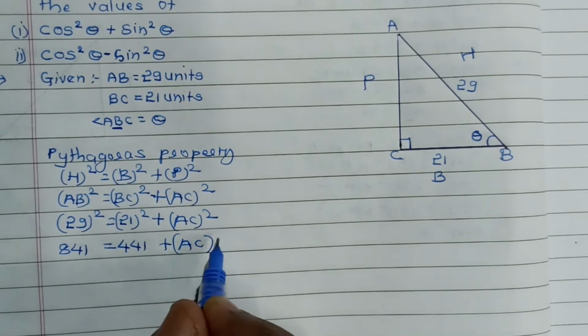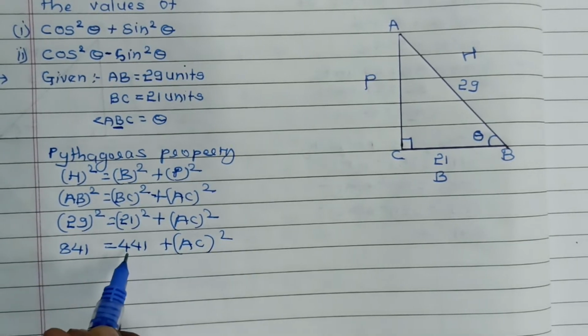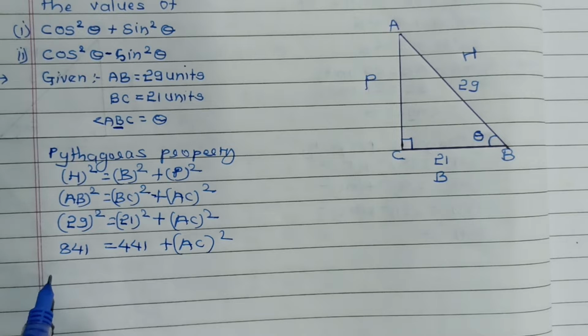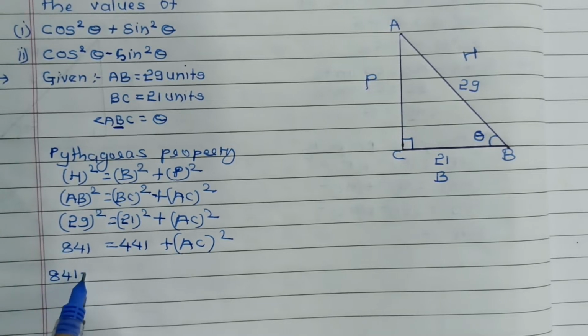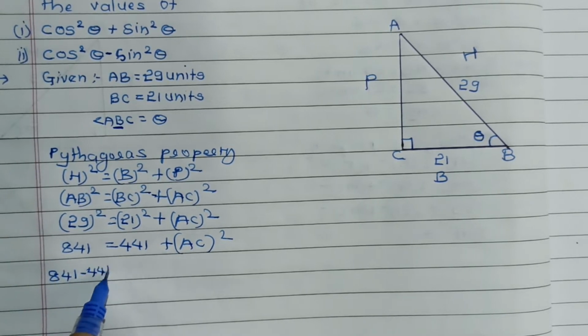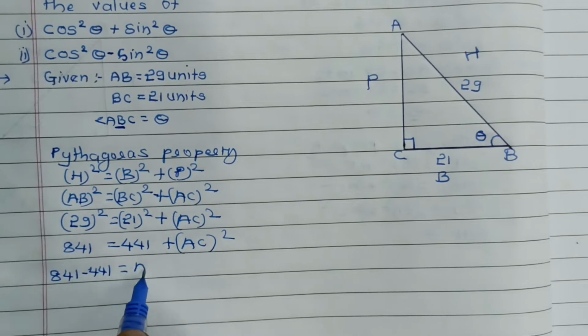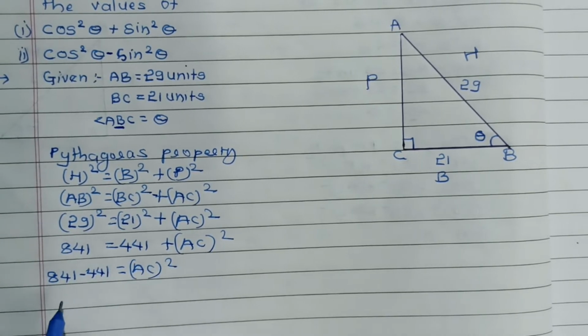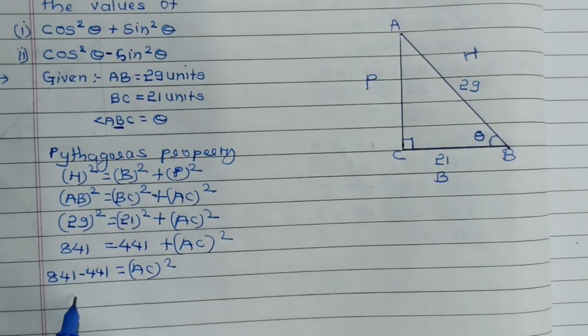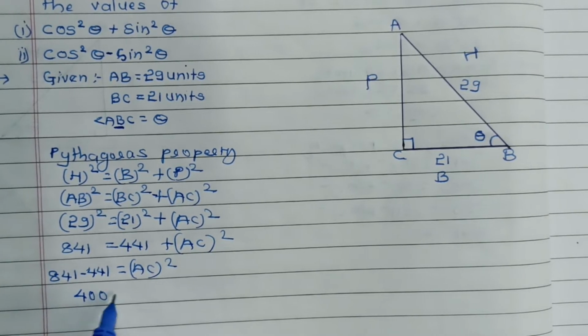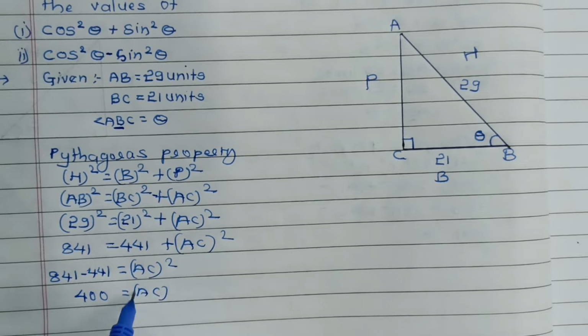AC whole square. So this 441 you have to bring to left hand side. 841 minus 441 is equal to AC whole square. So if you subtract this 841 minus 441, you will get the answer 400 is equal to AC whole square.